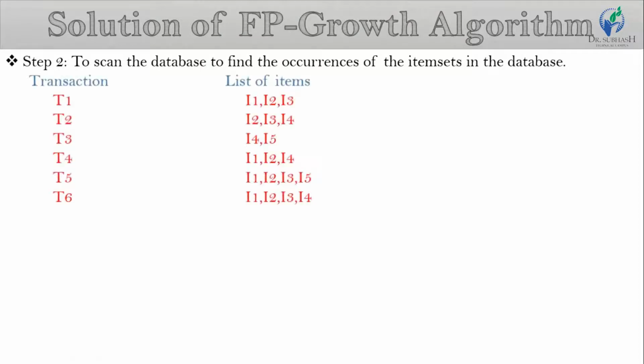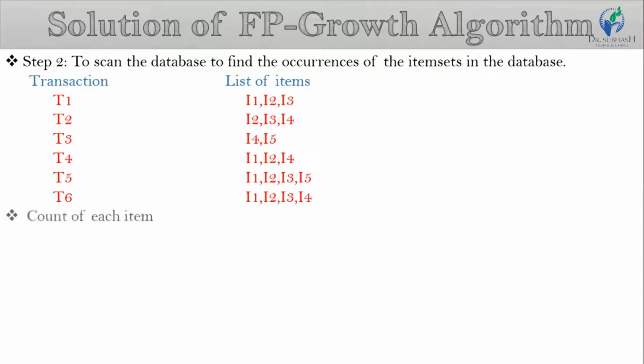Based on the given table, we find individual items with their count. In this table, we have I1, I2, I3, I4, I5 individual items. Here we only identify unique items.